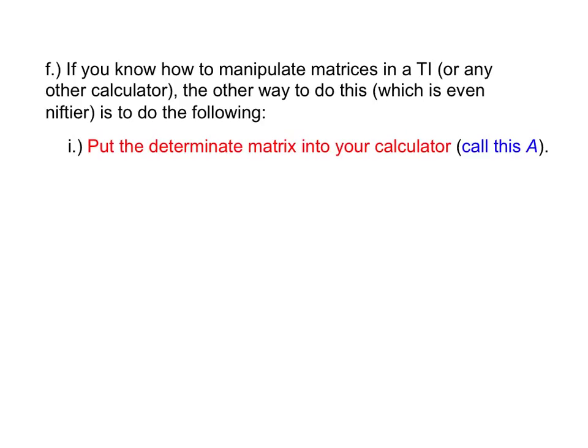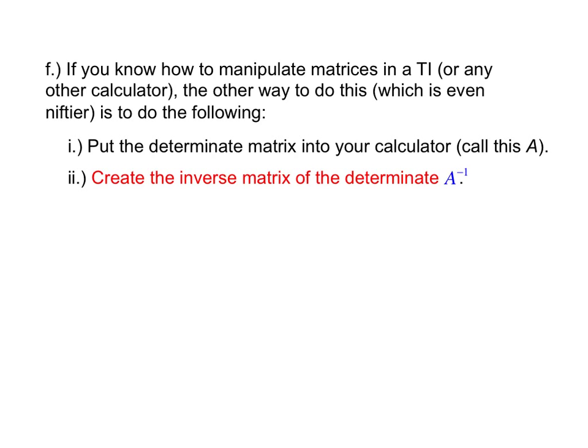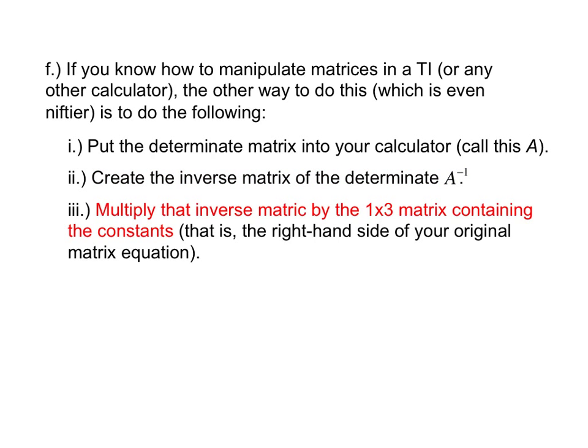There is a second way to solve for these 3 equations, or if that meant any number of equations, with a determinant matrix. And that is the following with a calculator. You put the matrix into your calculator. You determine the inverse matrix. You multiply the inverse matrix by that 1 by 3 matrix that held the voltage constants.